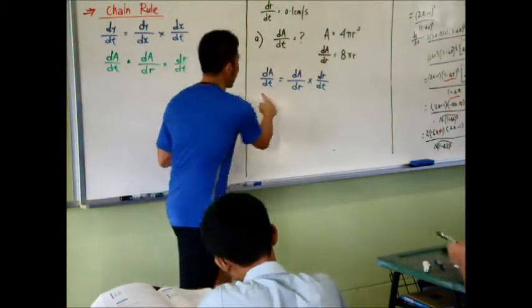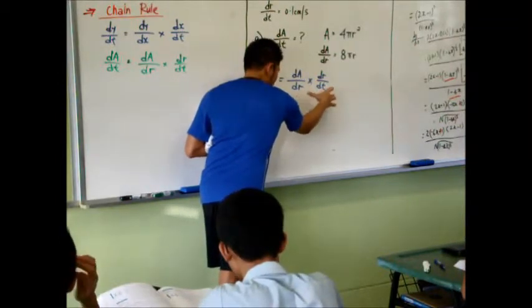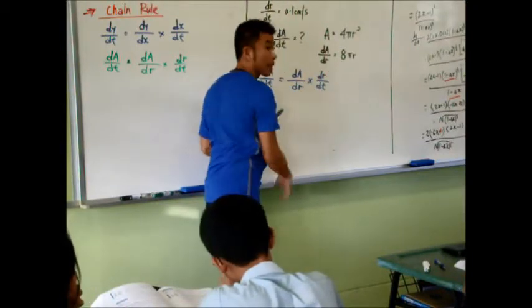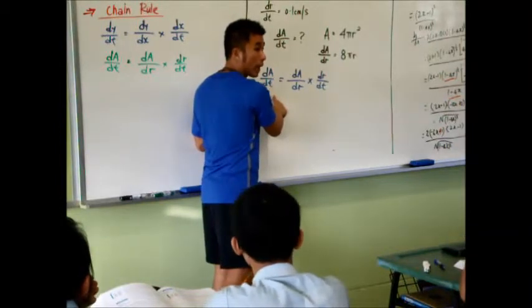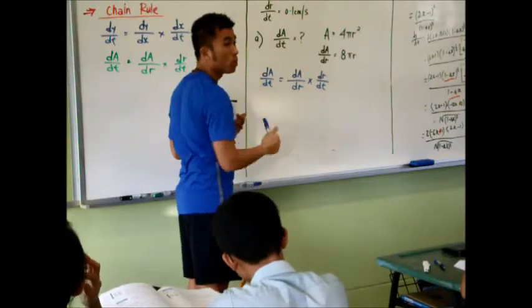Now, take a look. Is this function actually applicable for the chain rule? If you notice, the dr and dr can cancel. All agree? Then you become dA dt. Of course you can't do the cancellation, but this is what we call the chain rule.